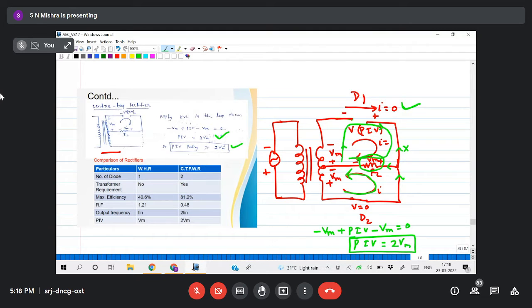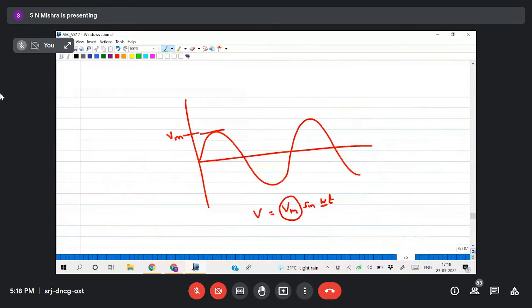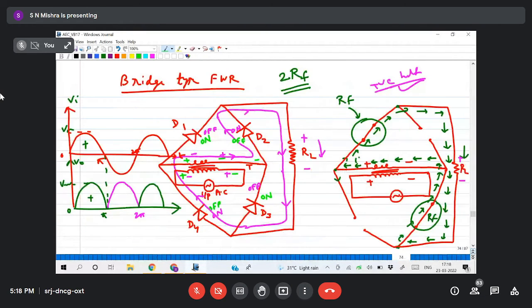The same way you can do it for the bridge type. Let me show you that one. Last class we have drawn it here. What did we give, the positive half cycle or the negative half cycle? We gave the positive half cycle. You can also go for the negative half cycle.